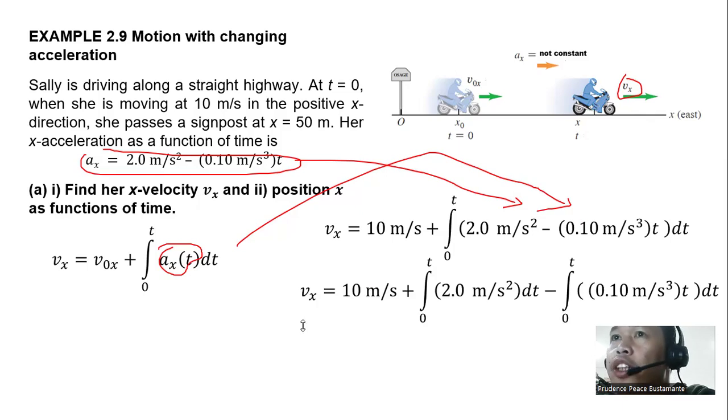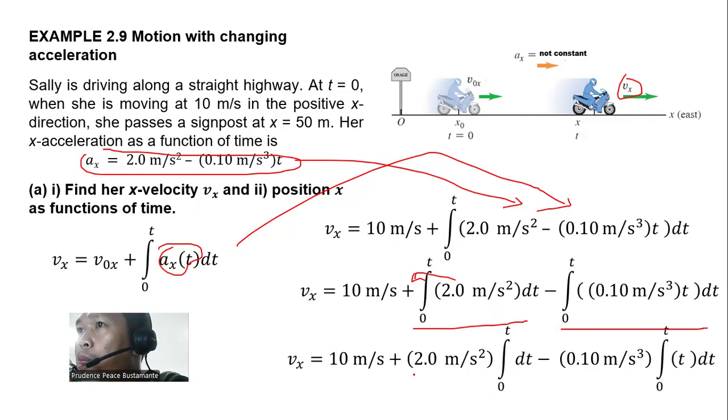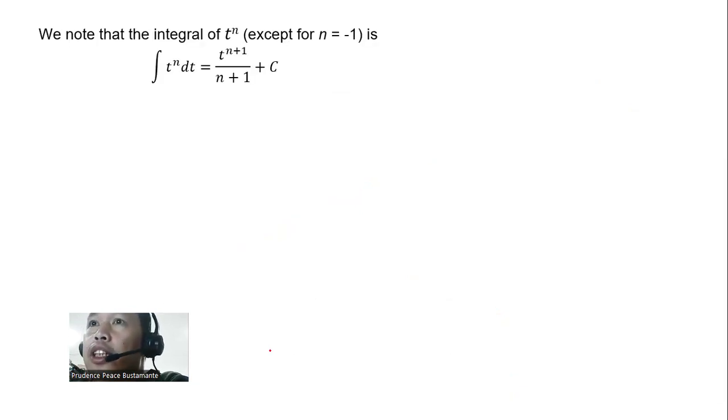Next, you distribute the term, so this term plus this term, and you make the constant outside the integral because it's constant. Now you can use the formula to integrate this term.